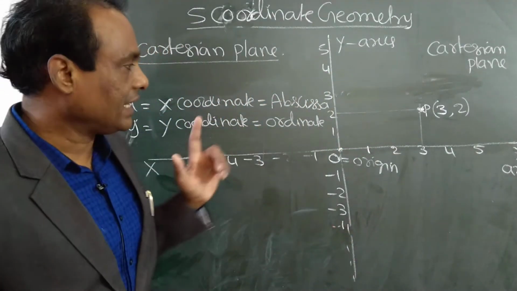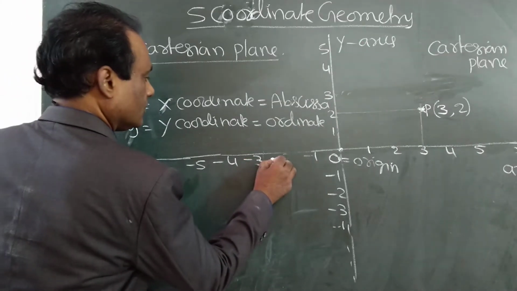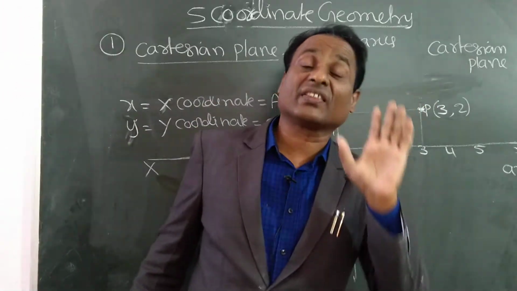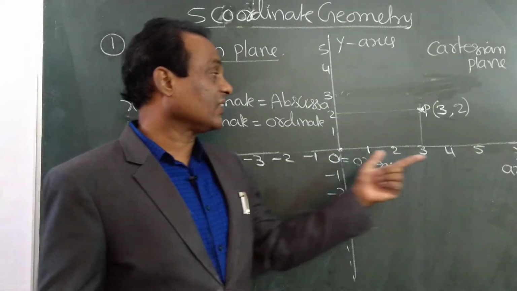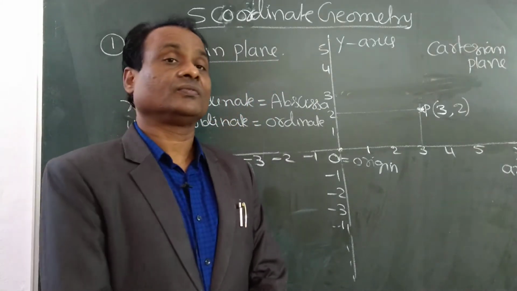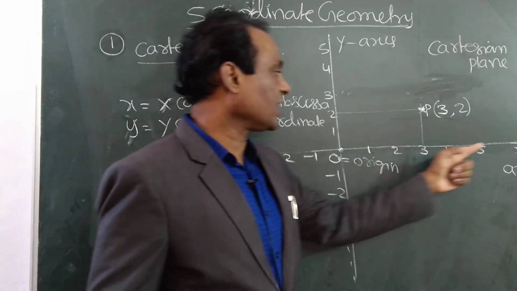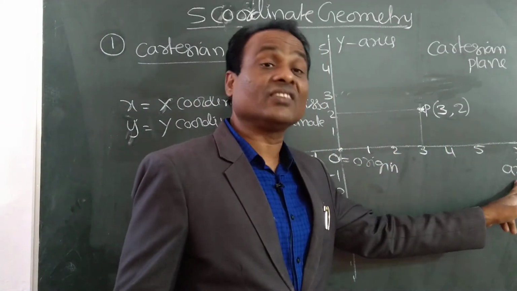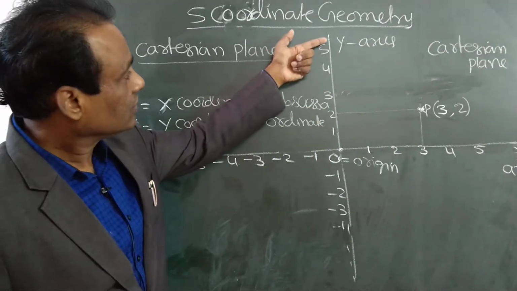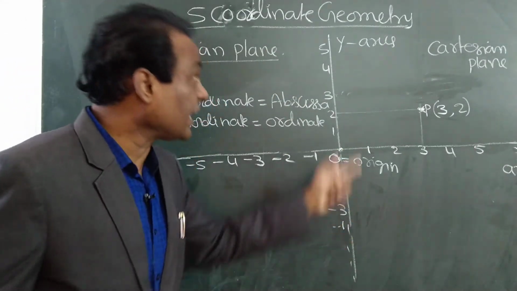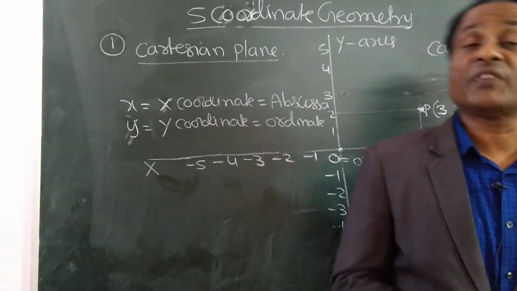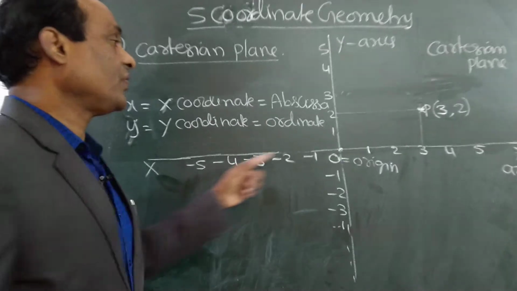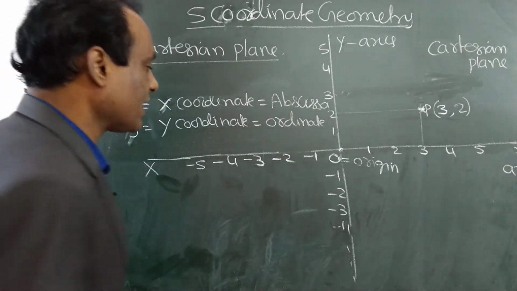In a plane, the horizontal reference line is called the x-axis, and the vertical reference line is called the y-axis.